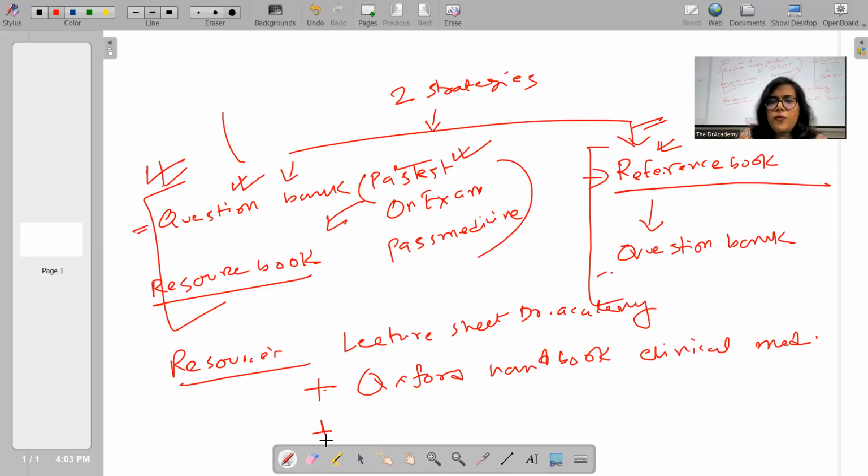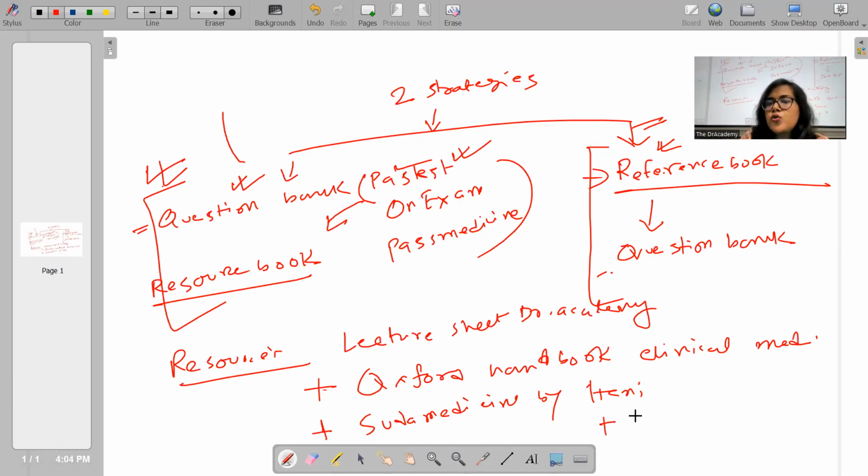Another important book would be Sudha Medicine by Honey. This is again a very small book, very precise, to the point. There is no excessive information, so I don't think you have to put so much effort to finish these books.